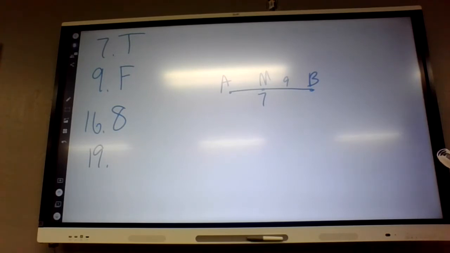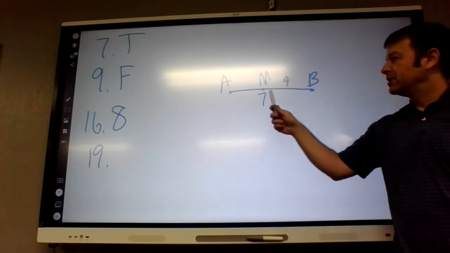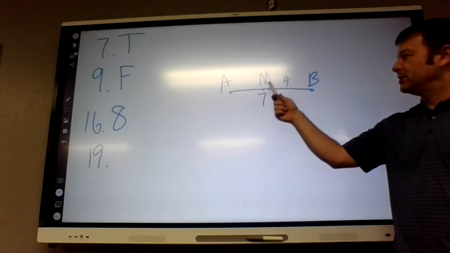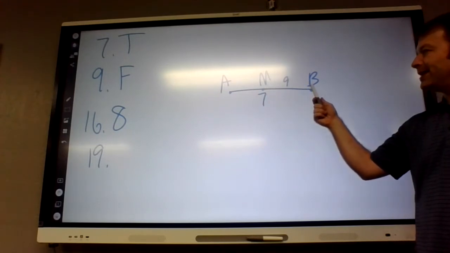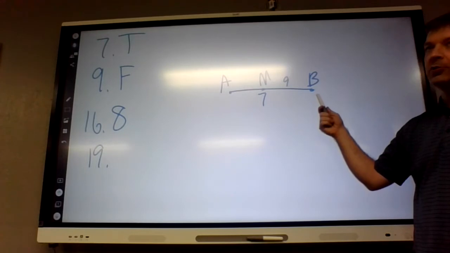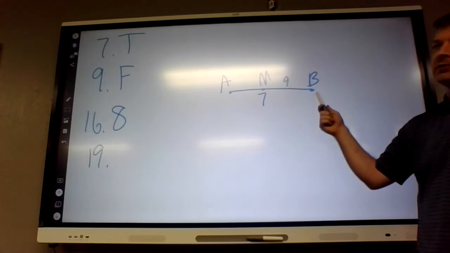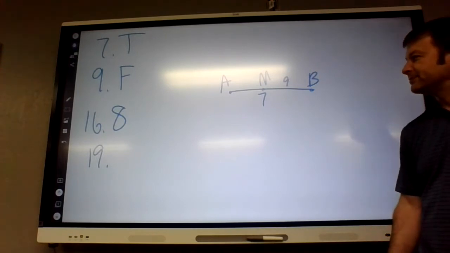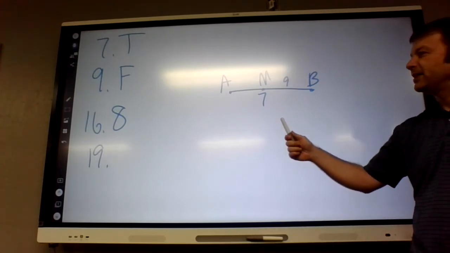You guys see what they're saying? M, the midpoint, is at 7, the coordinate 7. The length of MB is 9. So what would the coordinate of B be?